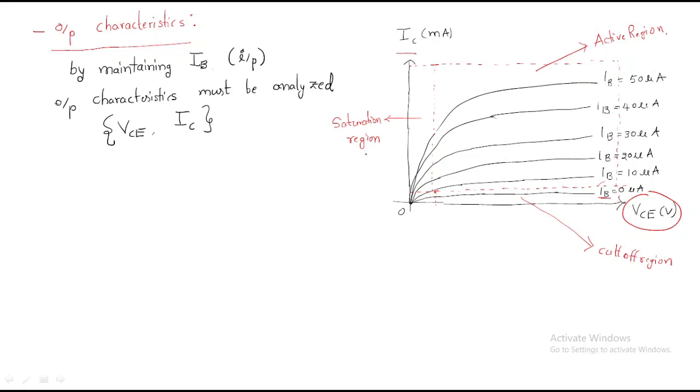These output characteristics can be categorized into three regions. First is the active region.